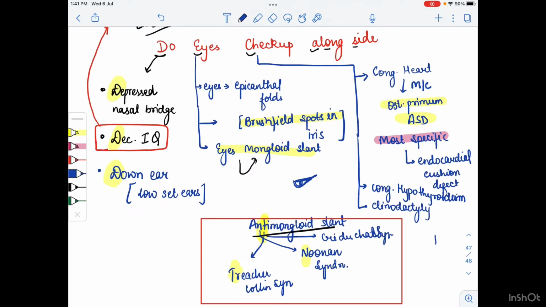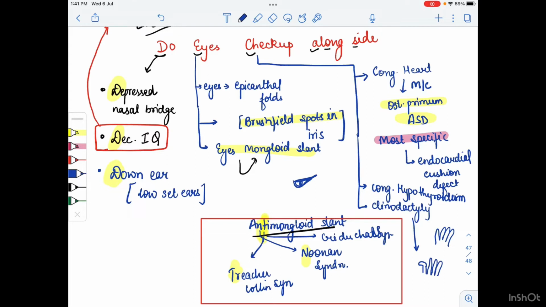Like this is our hand fingers, all these are normal, but in clinodactyly the end of the digits is slightly tilted, slightly deviated, so that is known as clinodactyly. I hope you got my point. So these three defects for the letter C: congenital heart defect, congenital hypothyroidism and clinodactyly.